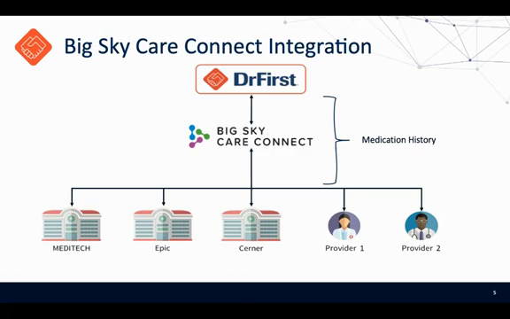As I mentioned previously, we're also an Intersystems shop. So the nice part is that it's very like to like from a data perspective and an integration perspective. Big Sky's selection of Intersystems allowed us to sort of trim a lot of the fat off of varying or disparate interface systems and engines. And in doing so, we're able to leverage existing standards to really connect to the Dr. First medication history information. So Big Sky is actually connecting to us through IHE services, and if you're familiar with the interop space, you probably know what those are.